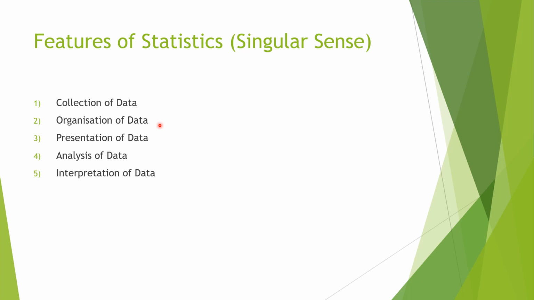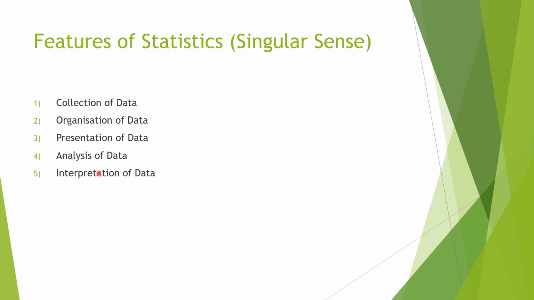This step is termed as organization or classification of data. Now moving to the third step, which is presentation of data. After classifying the data into groups and categories, we can make it more attractive and understandable. To get their high points at a glance, we can present the data in the form of tables, diagrams, and charts. After that, the next step is analysis of data.